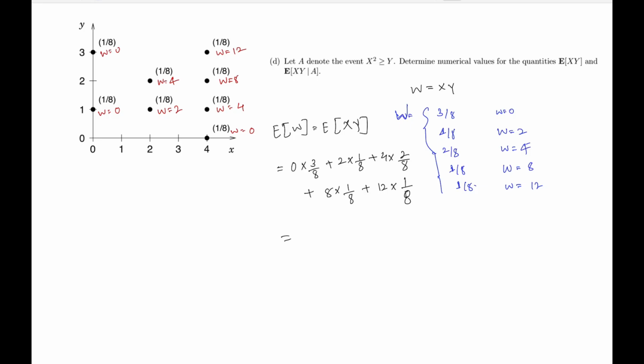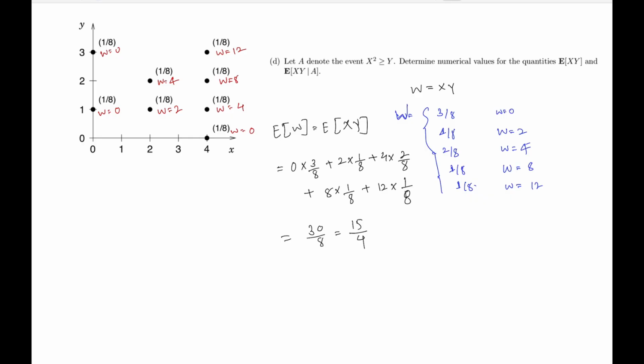How much would it be? 12 plus 8 is 20, 20 plus 8 is 28, plus 2 is 30. So it will be 30 divided by 8, or if you simplify this, it will be 15 divided by 4.